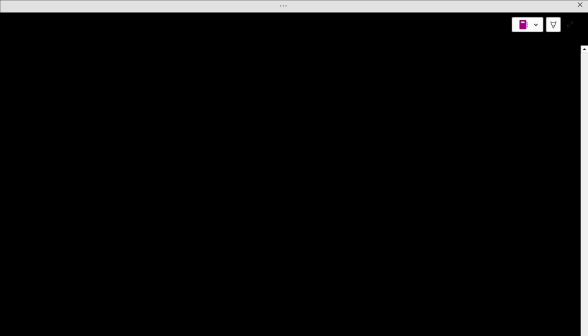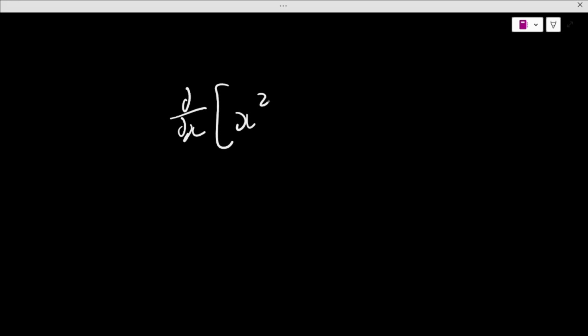What do I mean? Well, let's try to differentiate x squared plus 2x cubed. We see that we have x squared and 2x cubed being separated by a plus sign.